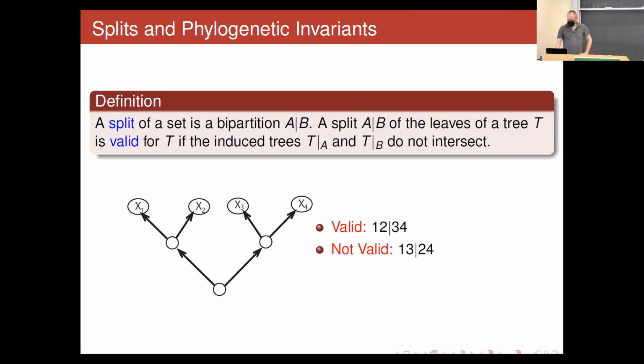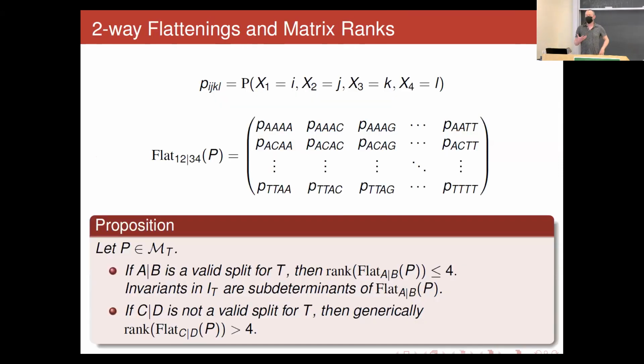The general theorem you can prove is that for each one of these splits, there's also an associated flattening of this tensor, which is giving you the probability distribution. And in general, for any probability distribution that comes from the tree T, the rank of that associated flattening matrix will be less than or equal to 4.